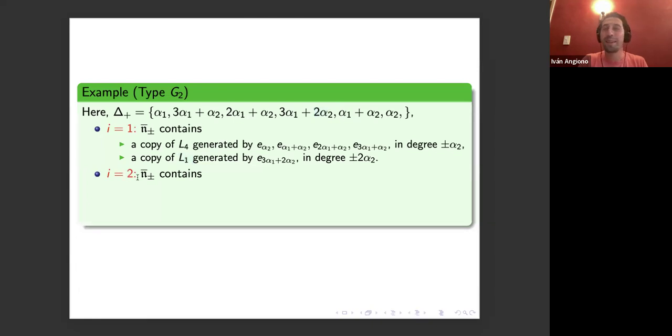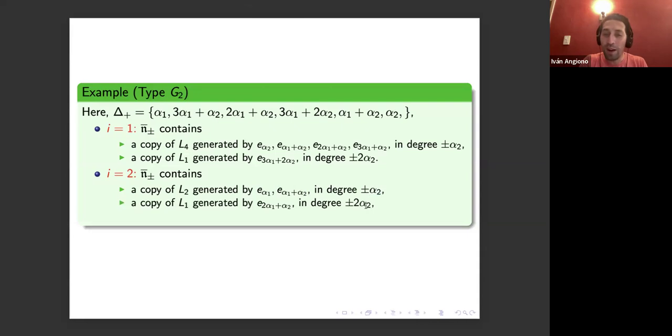And what happens with I2? Here, what we are going to do is to forget the things in degree alpha 2. So in degree alpha 1, we have 2 things, alpha 1 and alpha 1 plus alpha 2. Sorry, another mistake here.